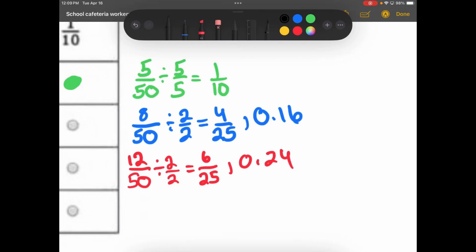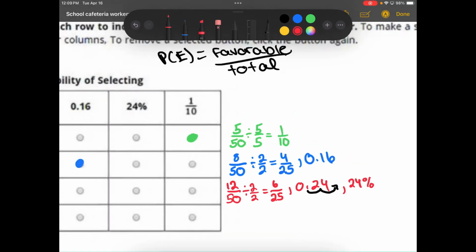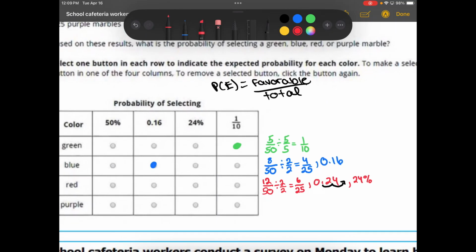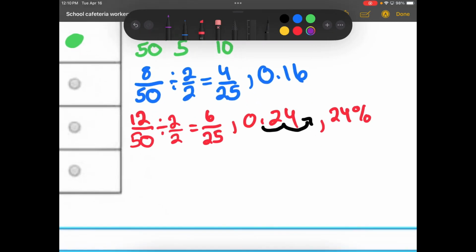How do we change a decimal to a percent? Move the decimal 2 places to the right, which will give you 24%. Is 24% up there? Yes. So we are going to bubble that in on the red row, 24% column. Last one, purple. Denominator is still what? 50. How many purple? 25.